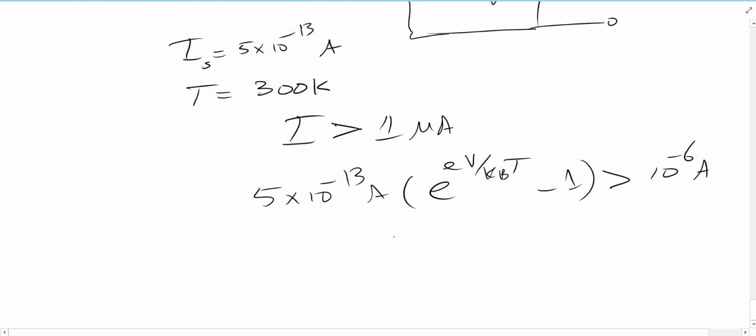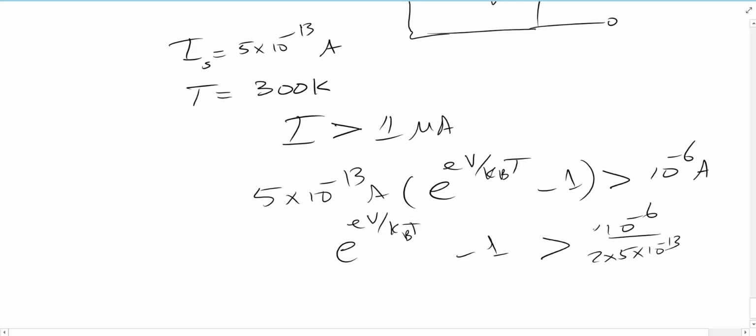Obviously this means that the exponential of eV over k_BT minus 1 is greater than the ratio, which is 10 to the negative 6 over 5 times 10 to the negative 13.